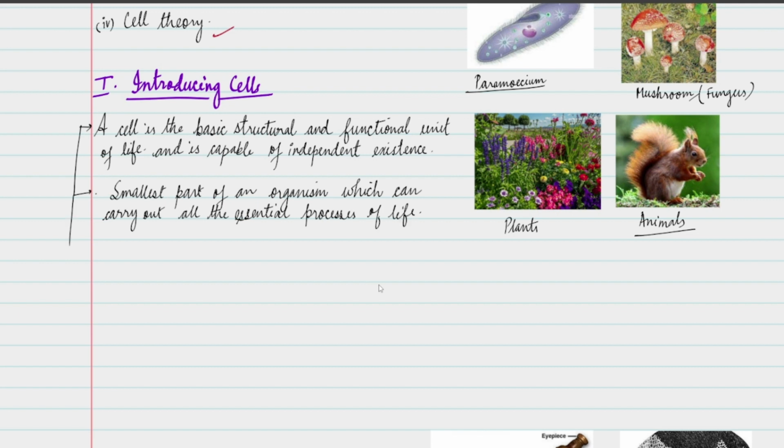So cells are self-contained units of structure and function. These are just different ways of defining the cell.